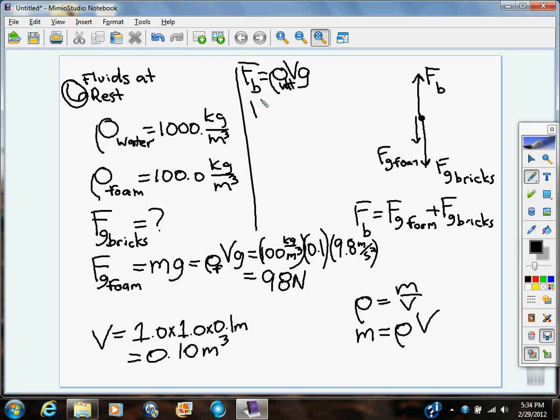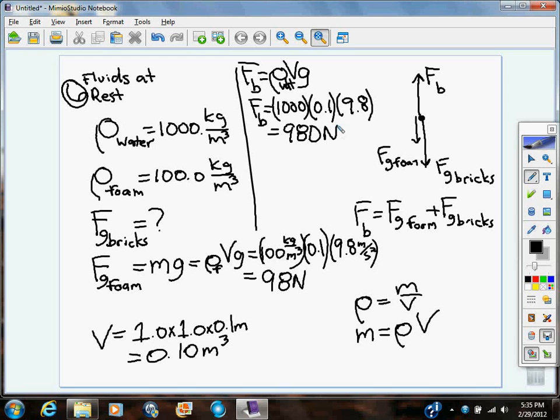So finding that buoyancy force, finding the force of the fluid displaced, density of the water is 1,000, and that's kilograms per meter cubed, times the 0.1, which is the volume, times 9.8 meters per second squared, and that gives me 980 newtons.